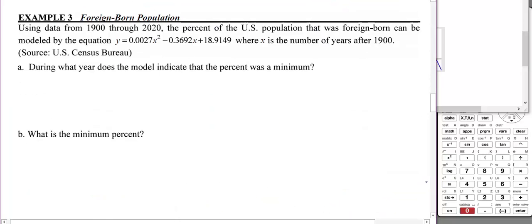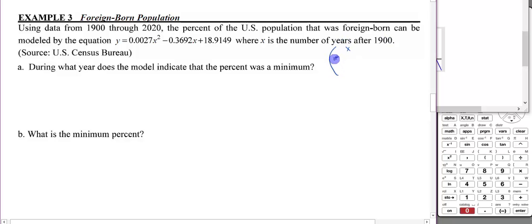Foreign-born population. Using data from 1900 to 2020, the percent of the U.S. population that was foreign-born can be modeled by the equation y equals 0.0027x squared minus 0.3692x plus 18.9149, where x is the number of years after 1900. So again, let's go ahead and write what each coordinate means.